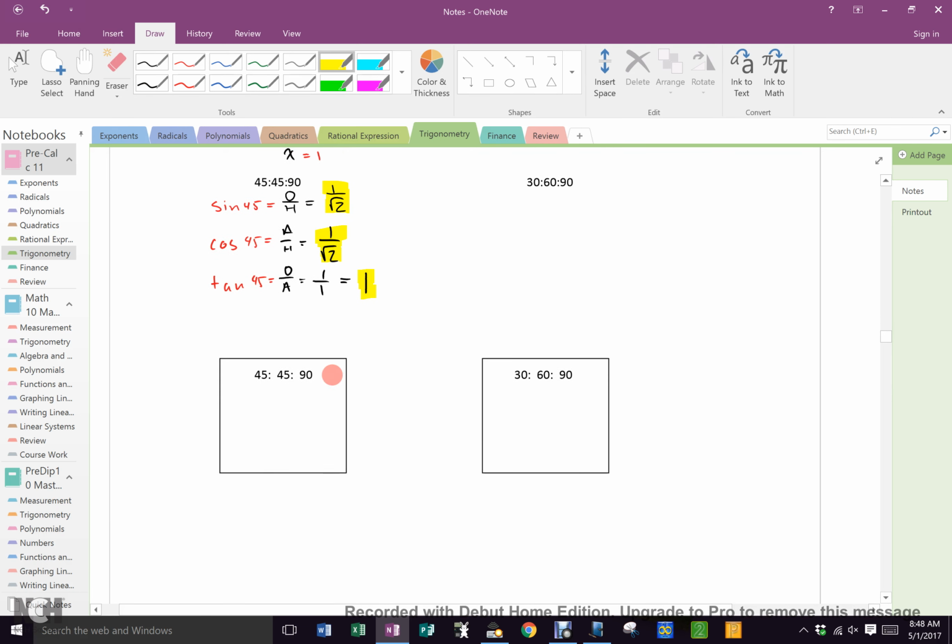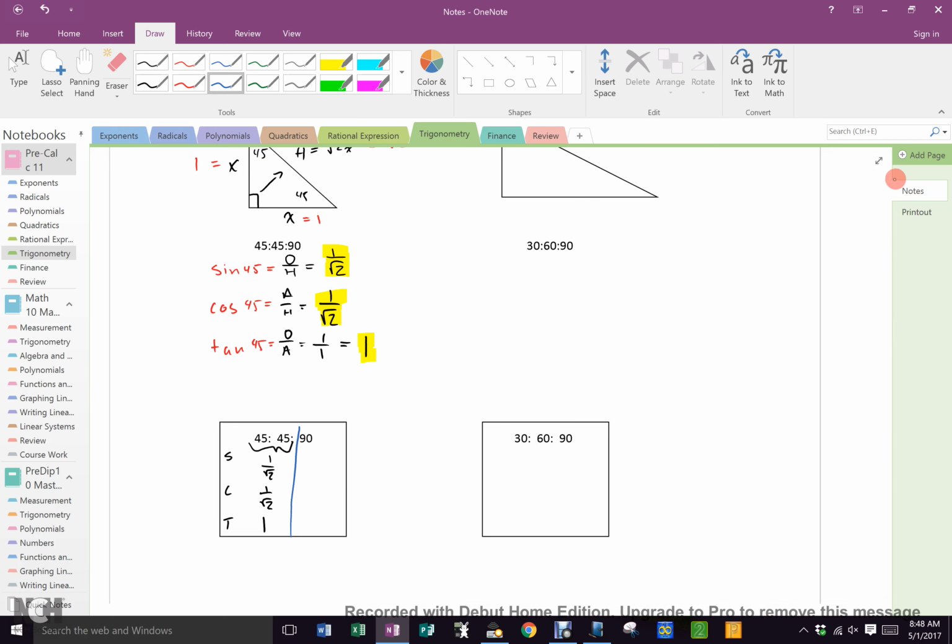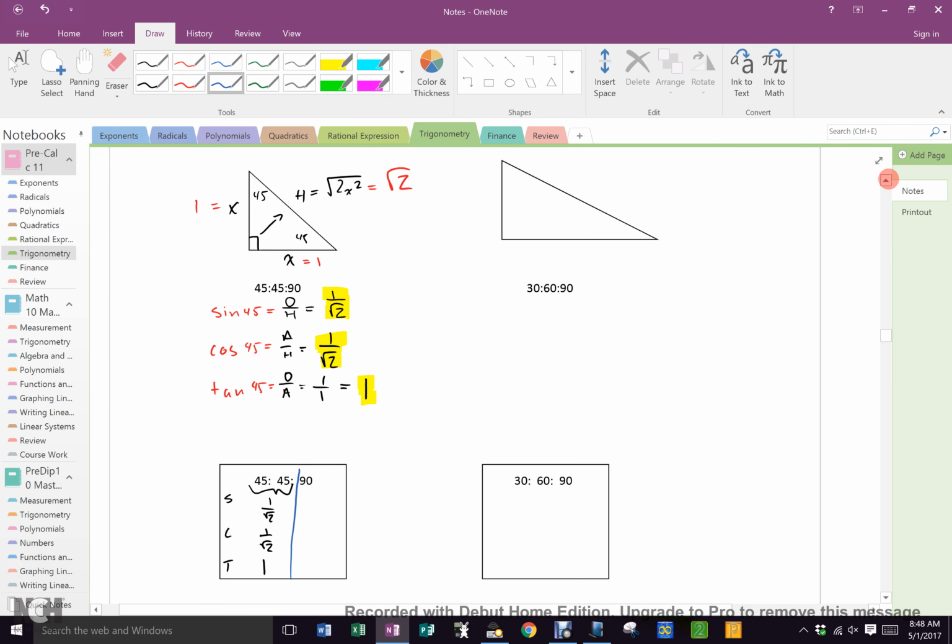So I got 45, 45, 90. I got a sine, I got a cos, I got a tan. And you know the first 6, don't you? These are all 1 over root 2, 1 over root 2, and 1. What happens in 90? Where is 90? It's right here, yes?